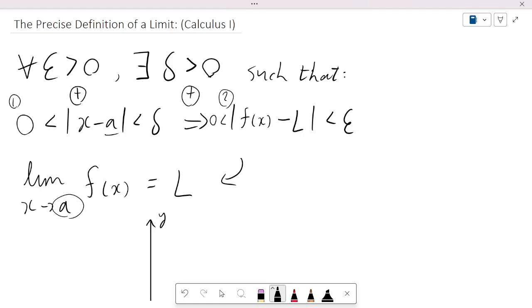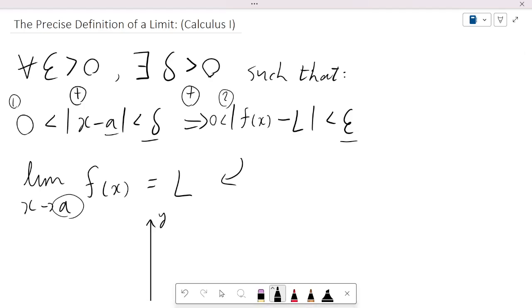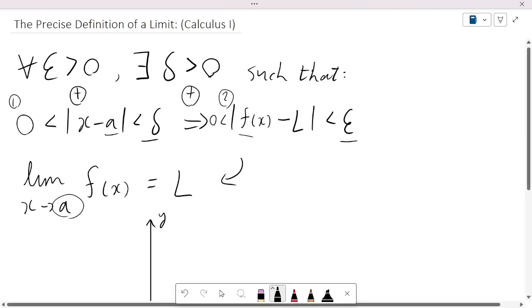Okay, so how do we know where epsilon is going to be and delta is going to be? Is it going to be in the y-axis or the x-axis? How we actually know this is because we need to look at our absolute values. We know that f of x is an output value, and the limit value is also an output value.